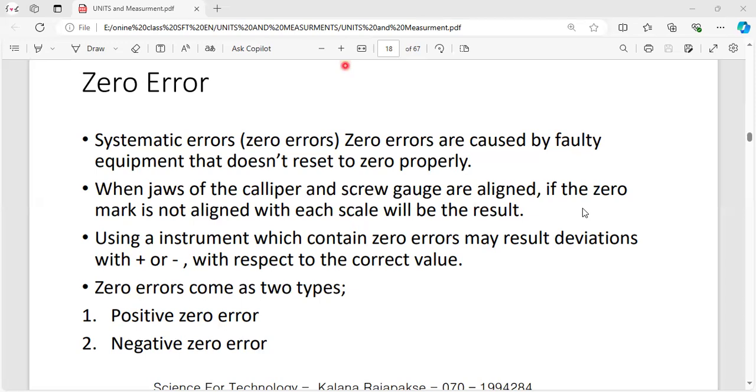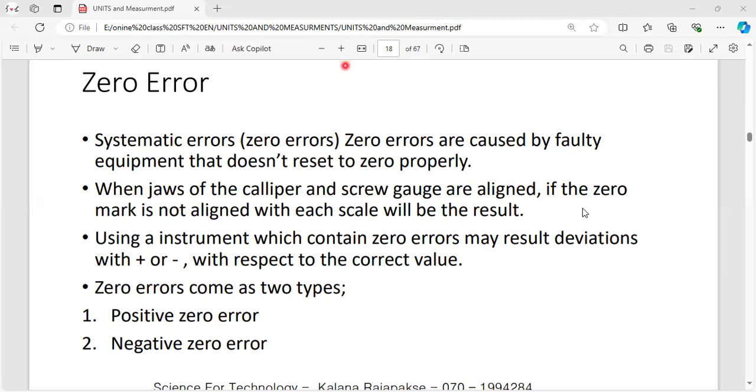There may be certain errors included in the instrument. So in that case, we have to talk about this zero error.